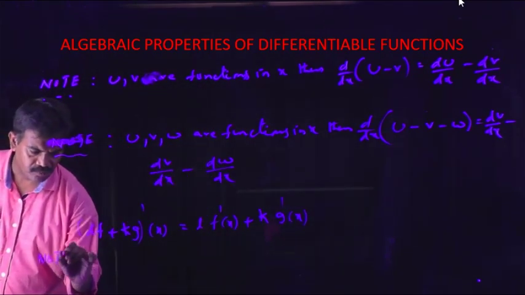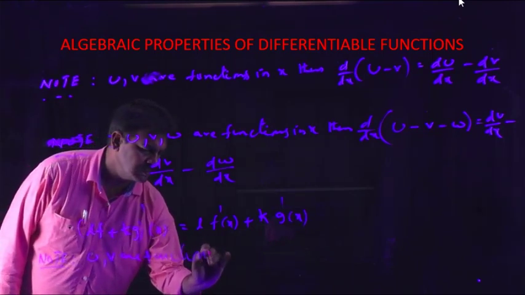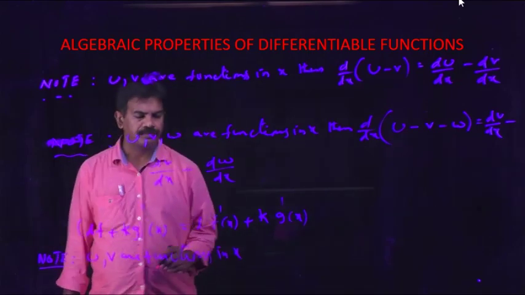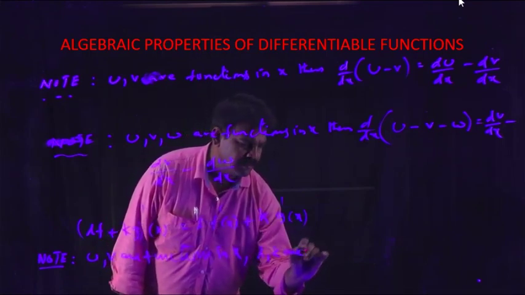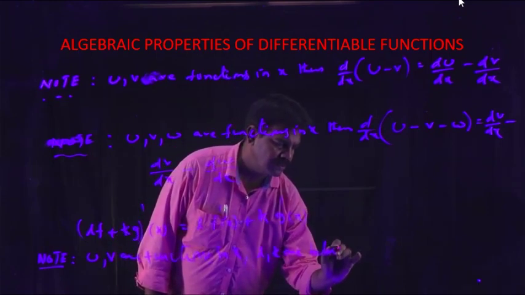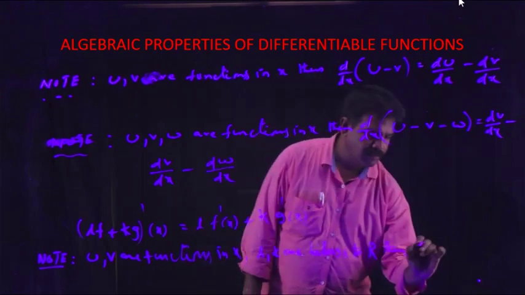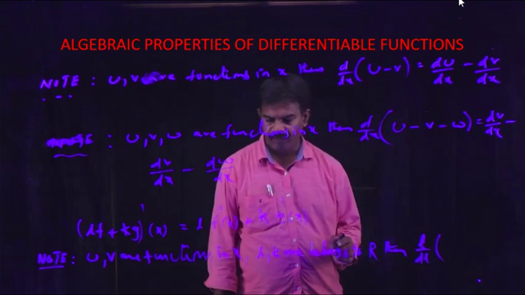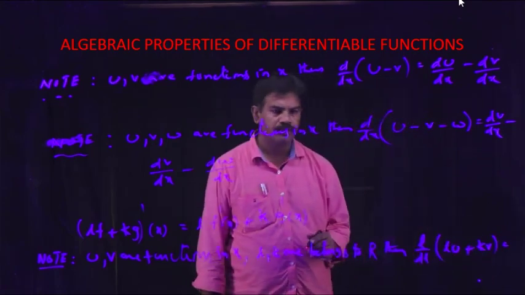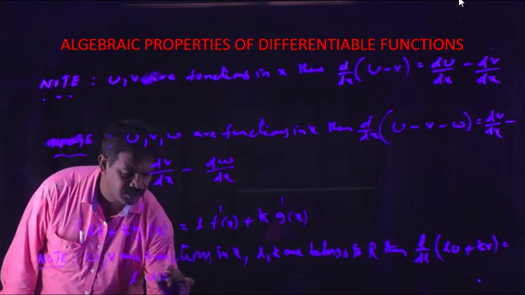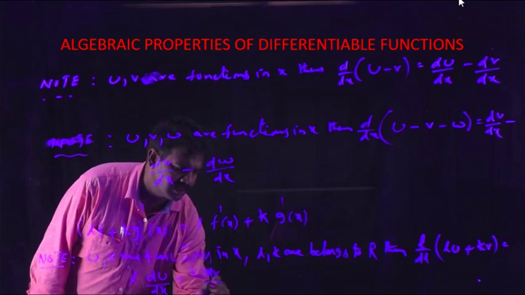Note, if u, v are functions in x, l, k belong to capital R, then d by dx of l into u plus k into v is equal to l into du by dx plus k into dv by dx.